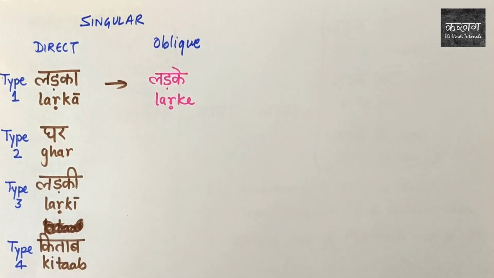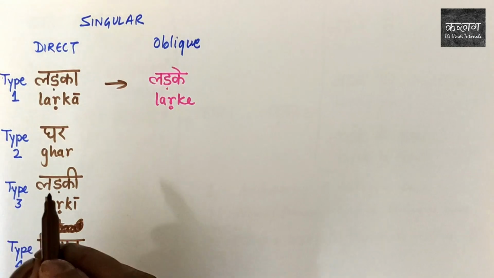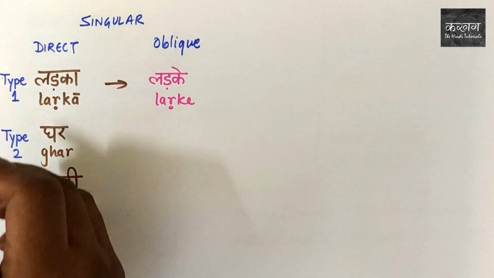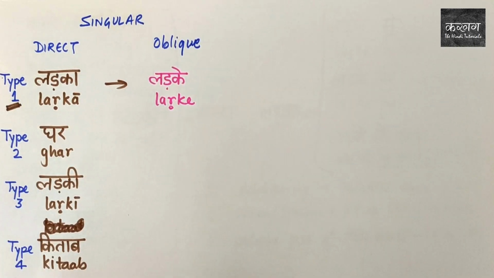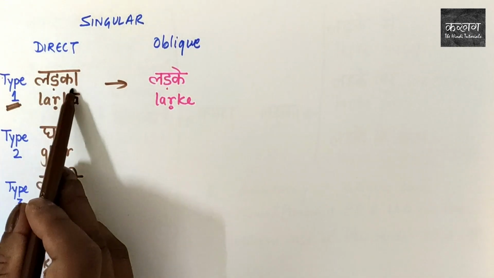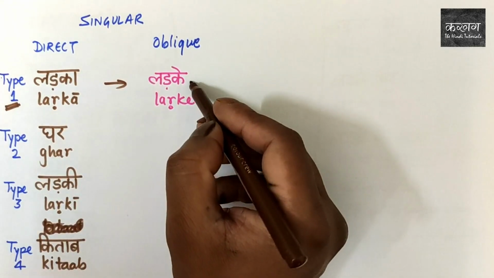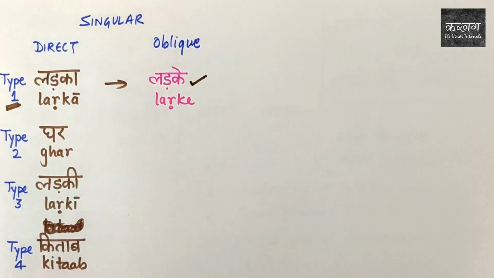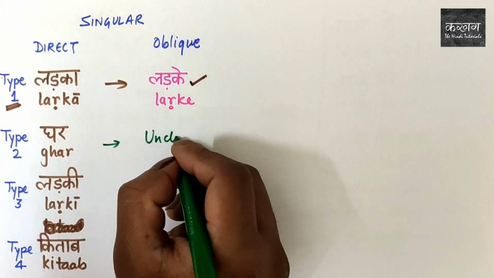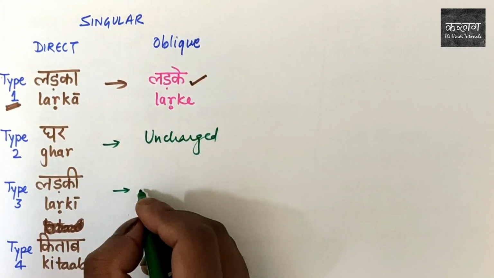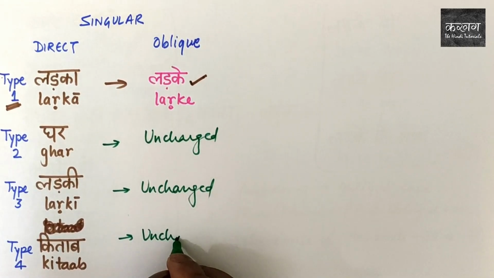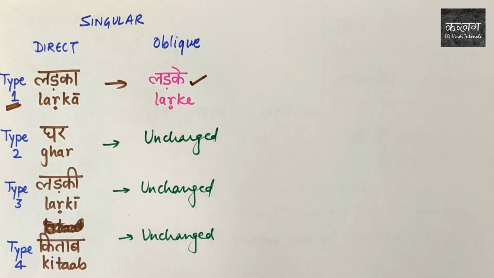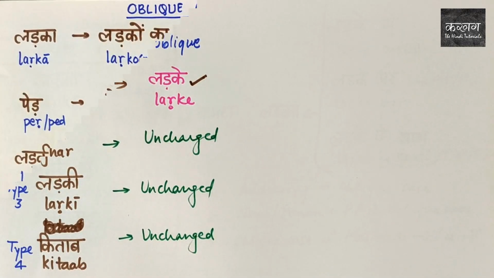The good news for you all is that this change happens only for type 1 words. That is, the oblique form of ladka is obviously ladke, but the oblique form of ghar is ghar itself. The oblique form of ladki is ladki, and the oblique form of kitab is kitab. So this is something good.